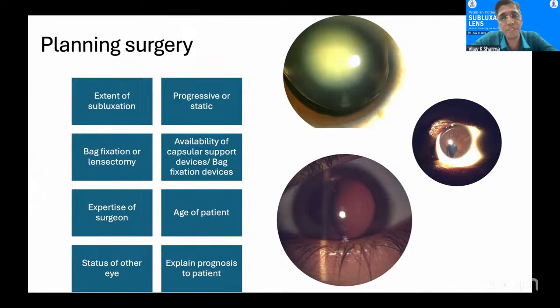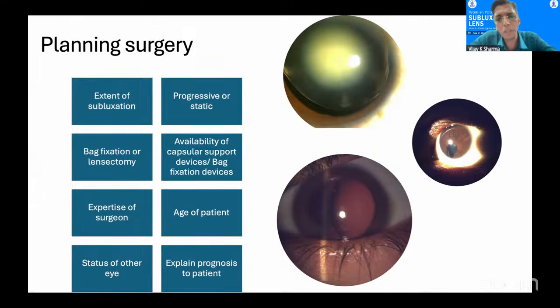whether you are planning a back fixation or a lensectomy, then availability of various types of capsular support devices with you, be it iris hooks or capsular hooks, very important, and back fixation devices should be available with you preoperatively. You should definitely check them that they are available so that you don't face any problems intraoperatively. How much is the expertise of the surgeon, age of the patient, status or otherwise, these are other factors.